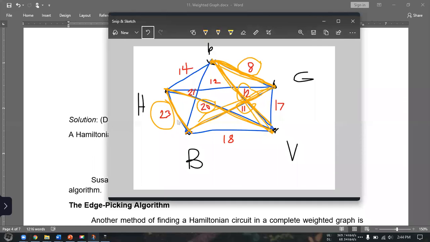Now, when you finish and have completed the Hamiltonian circuit using the edge picking algorithm, you can now identify your starting vertex, and we will be starting from home. Then just trace the line.